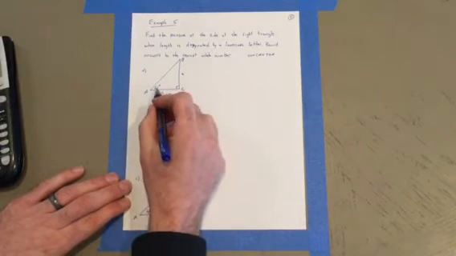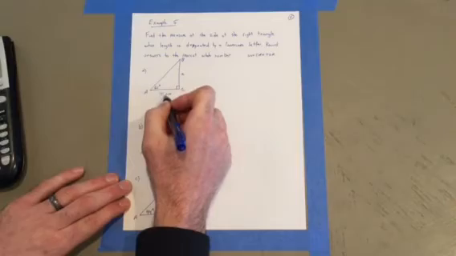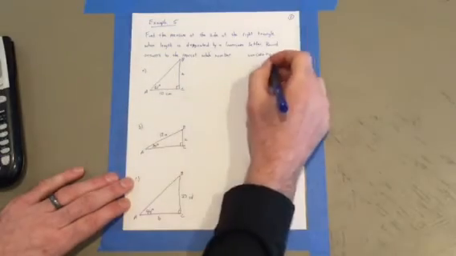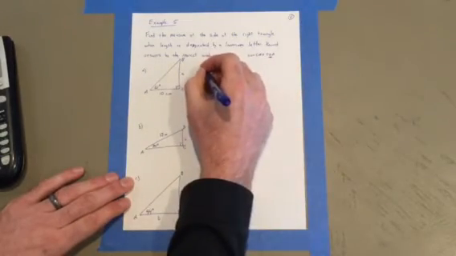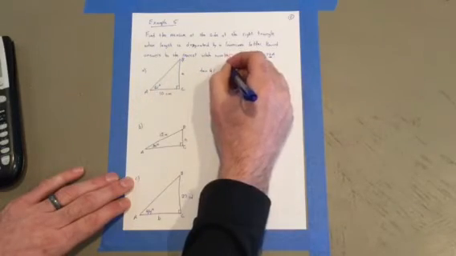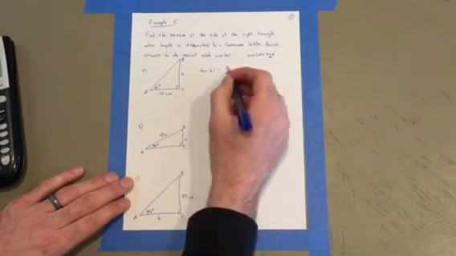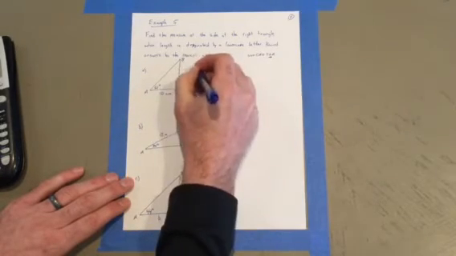So here's my angle. I need opposite, and I know adjacent. So opposite and adjacent is tangent. So tangent 61 equals opposite over adjacent. Now to get a by itself, we'll multiply both sides by 10.